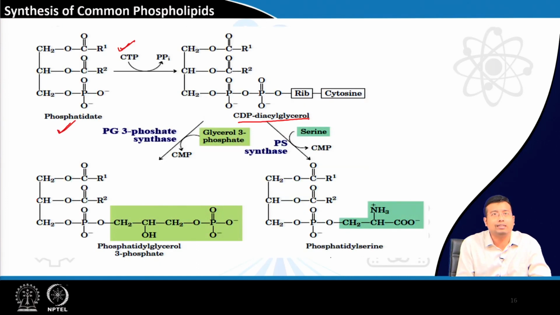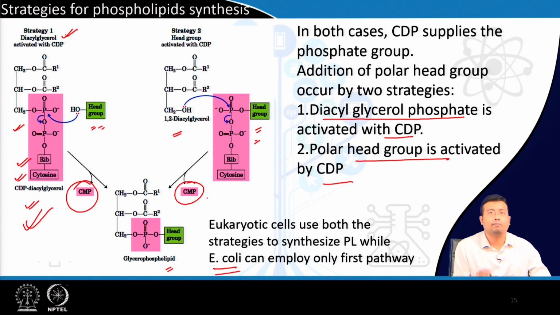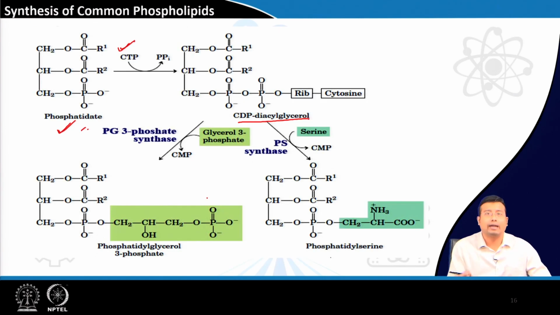So, over here what is happening? Phosphatidic acid is being converted to CDP diacylglycerol. To this CDP diacylglycerol, any head group can be attached using this principle. So, the head group can be serine, where one CMP molecule is lost. One head group is coming in, one CMP molecule is lost and we get phosphatidyl serine.